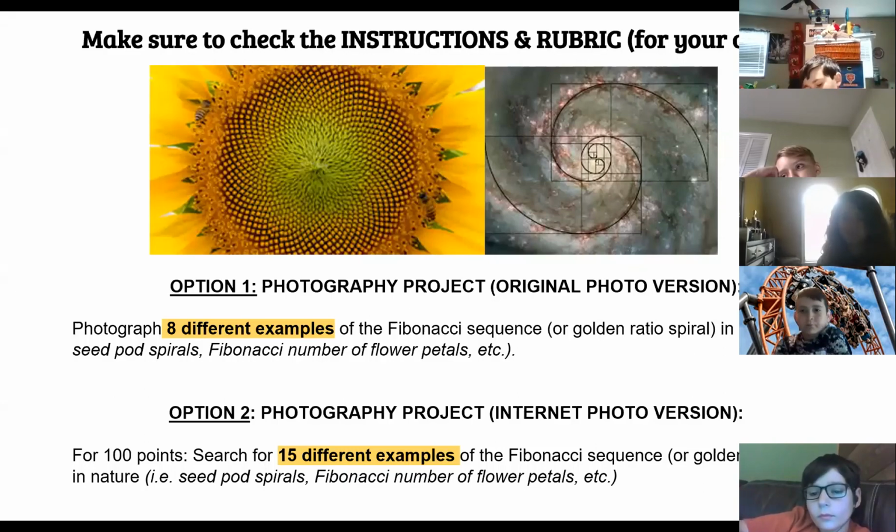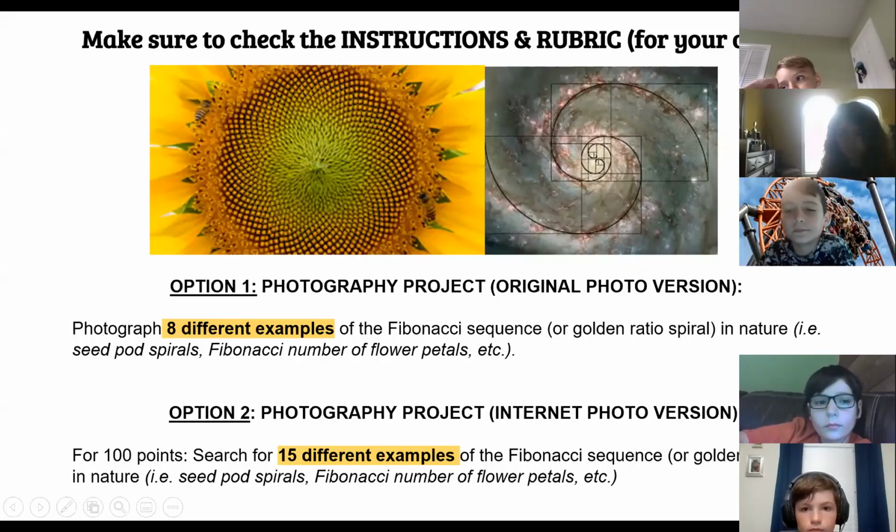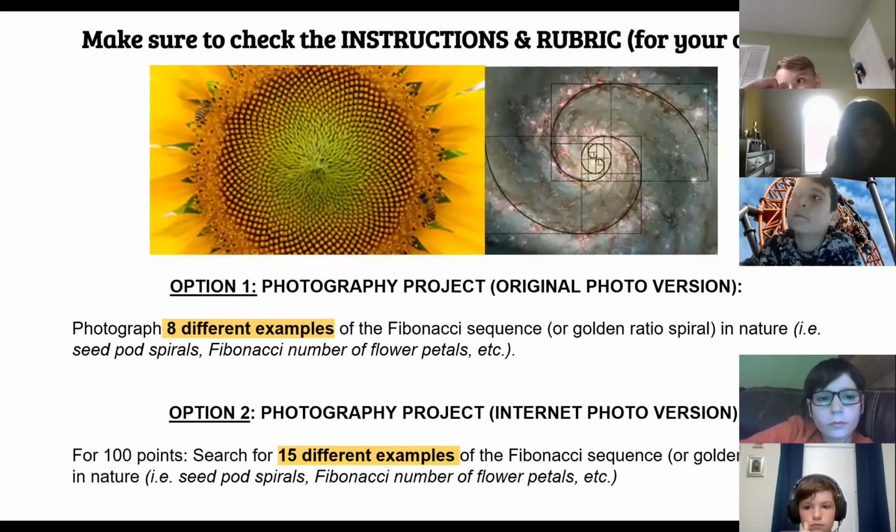It's also seen in a chameleon's tail, the trunk of an elephant, a hurricane when viewed from space. There are a lot of different spirals you could find that show that golden spiral.